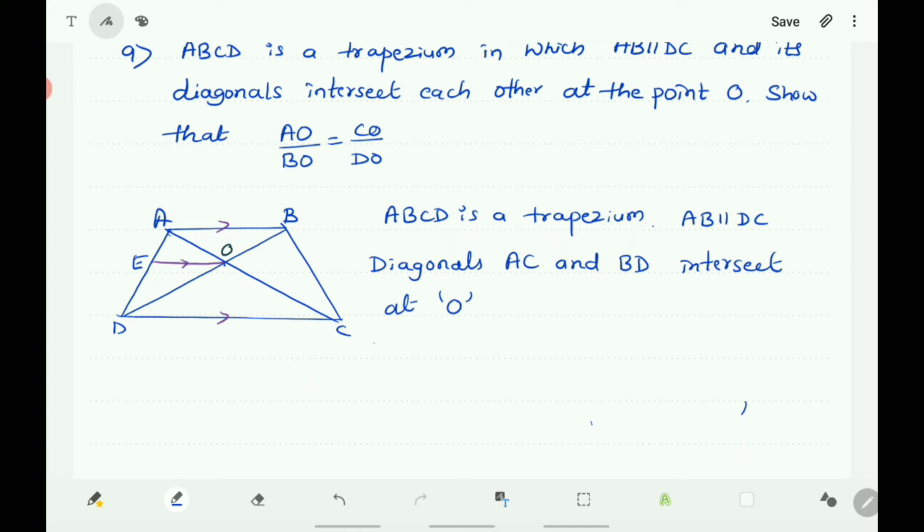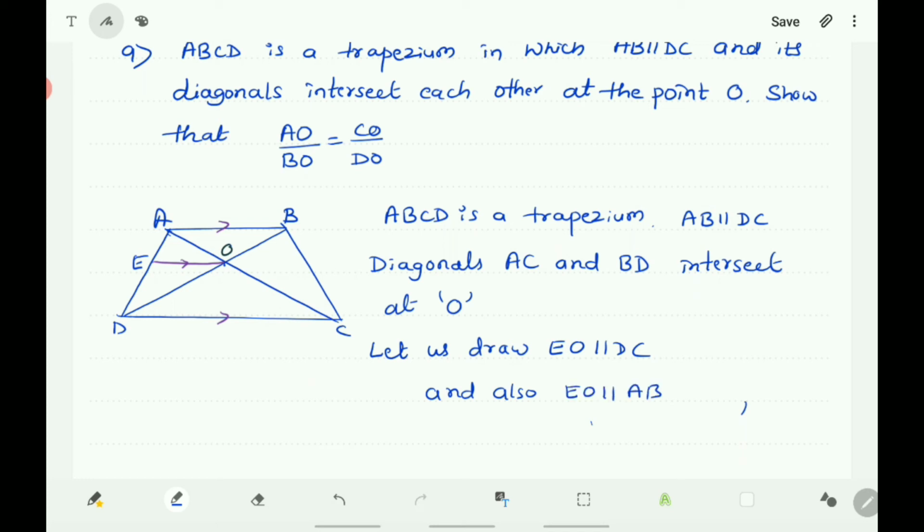So let us draw EO parallel to DC, and EO is also parallel to AB.